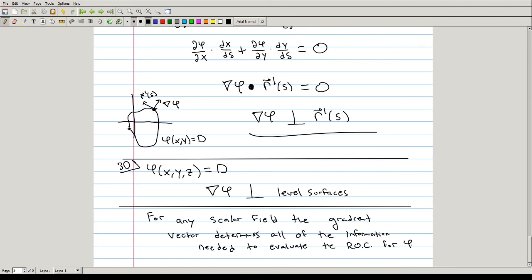So the performance of the function phi and its local behavior is completely determined by the knowledge of the gradient vector of that scalar field.